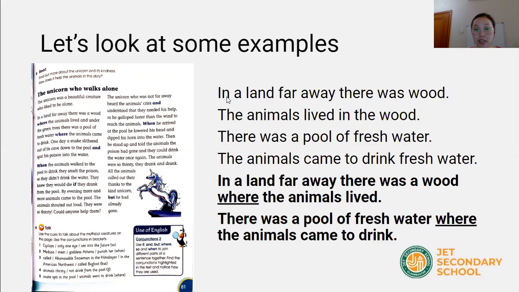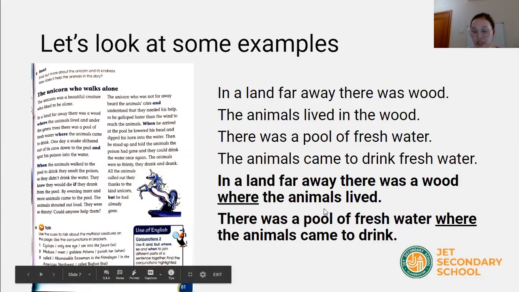In a land far away, there was a wood. The animals lived in the wood. There was a pool of fresh water. The animals came to drink the fresh water. So it's supposed to be this way, four different sentences, but we use the conjunction where to make more sense.